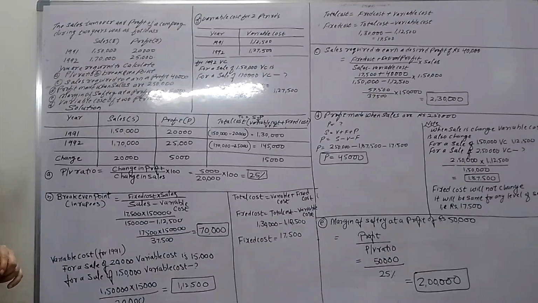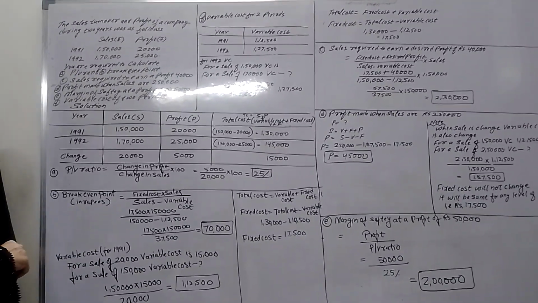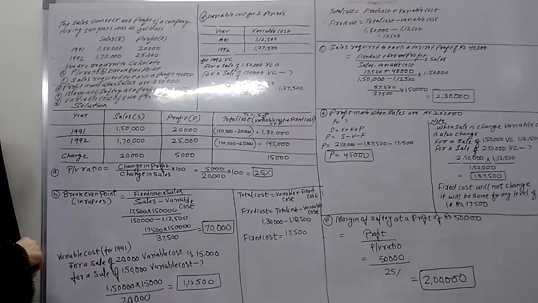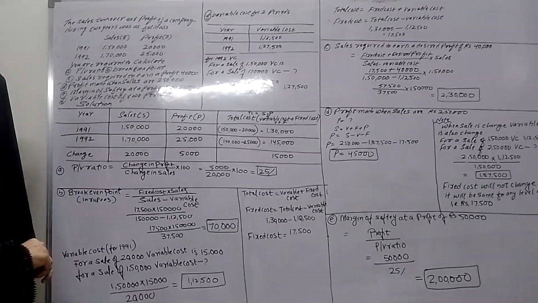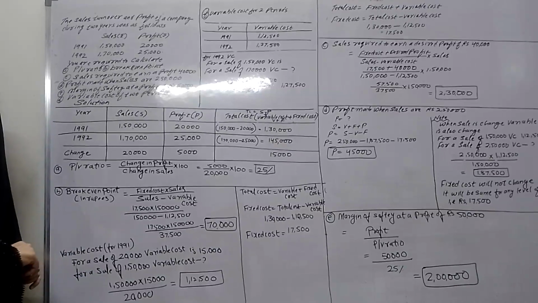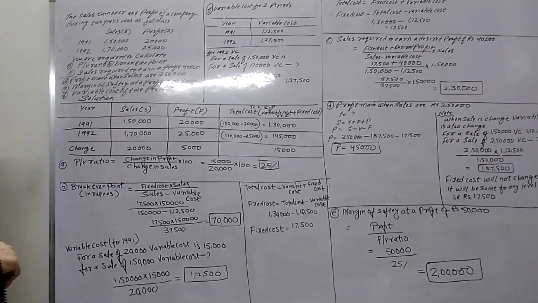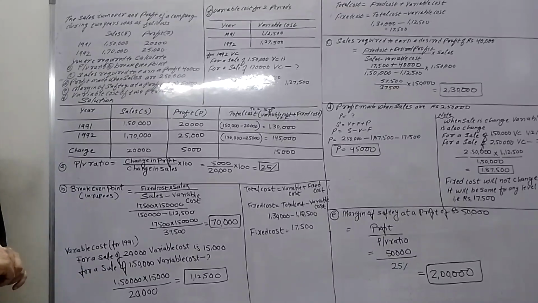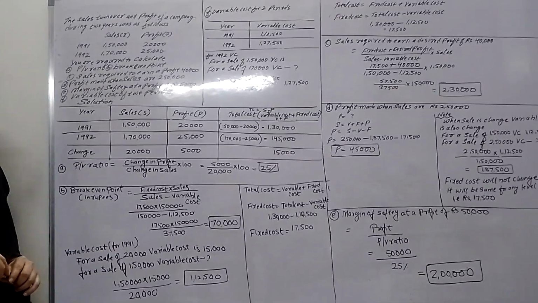Profit is 20,000 and 25,000. You are required to calculate PV ratio, break-even point, sales required to earn a desired profit of 40,000, profit made when sales are 2,50,000, margin of safety at a profit of 50,000, and variable cost of 2 periods.